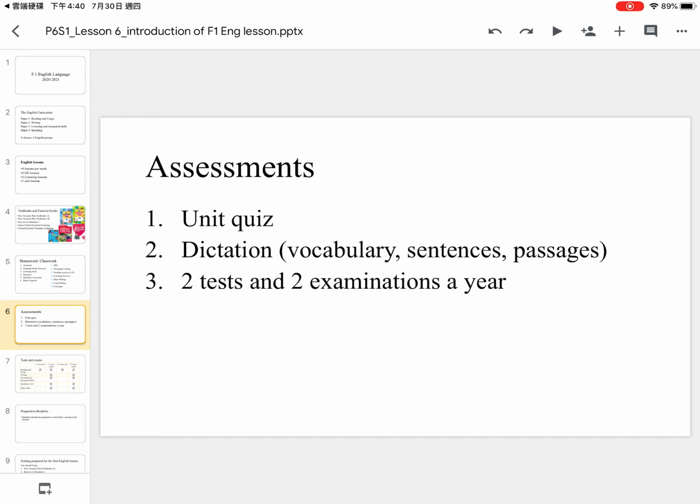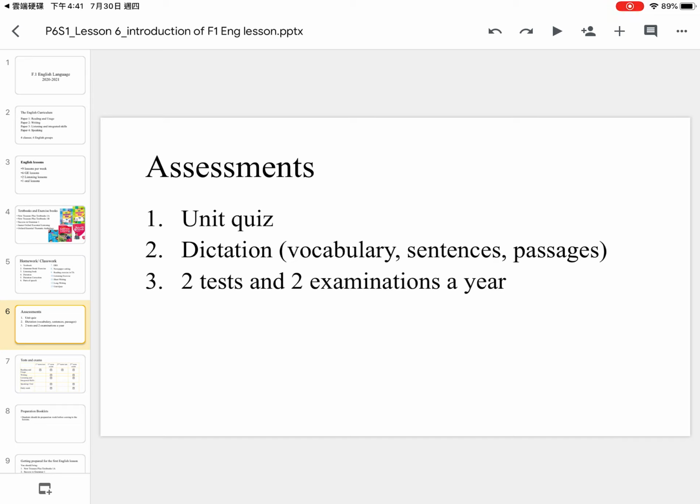For example, vocabulary, sentences, or sometimes dictation with passages. All right, and there will be 2 tests and 2 examinations a year. The first test should take place in the first 2 months at the beginning of the first term.